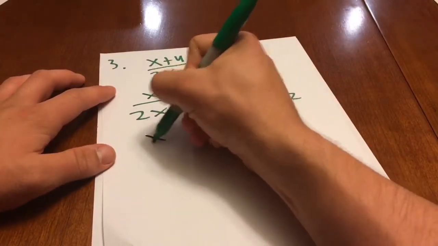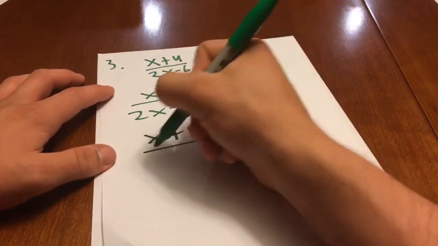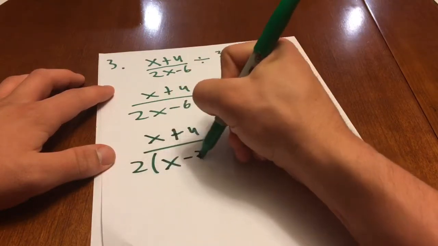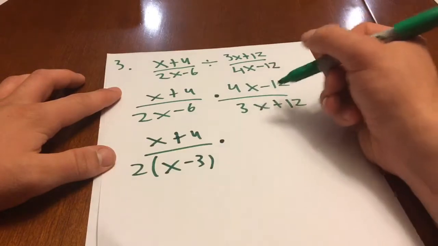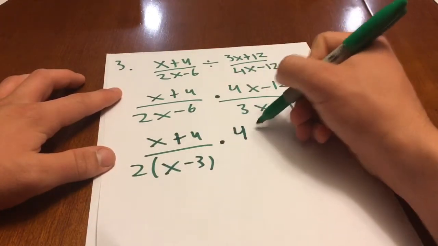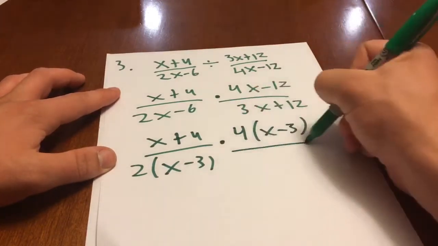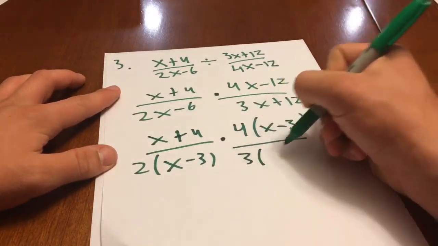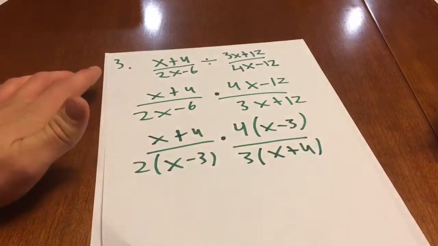So we have x plus 4 over 2 out front since it's the GCF, times (x minus 3), times our GCF for the next numerator, which would be 4. So we put the 4 out front, 4 times (x minus 3), over 3 times (x plus 4), because the 3 is the GCF.